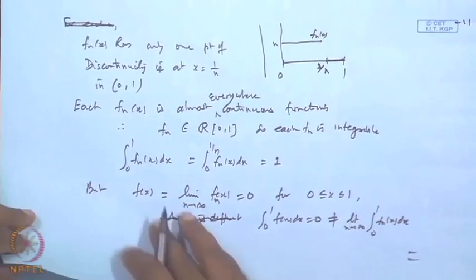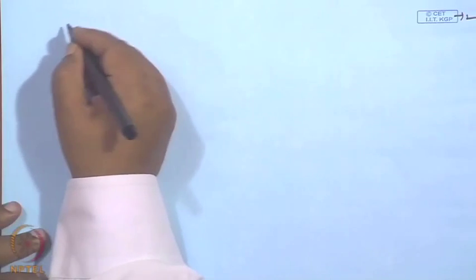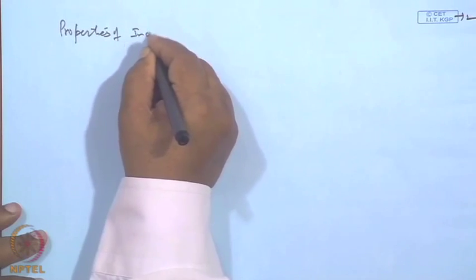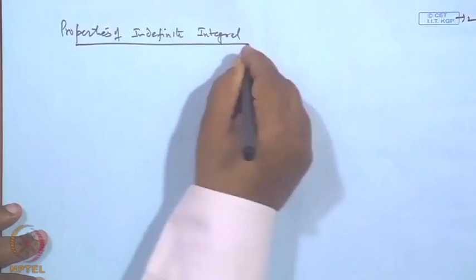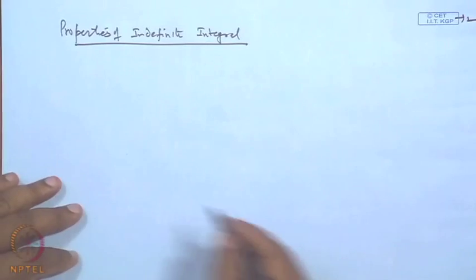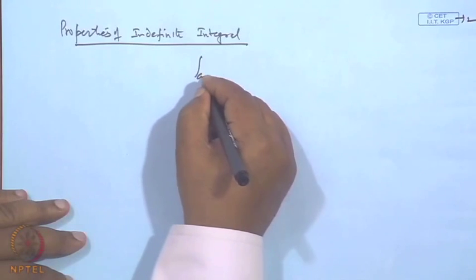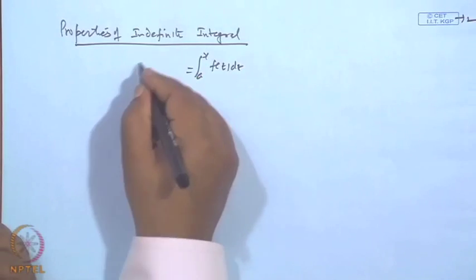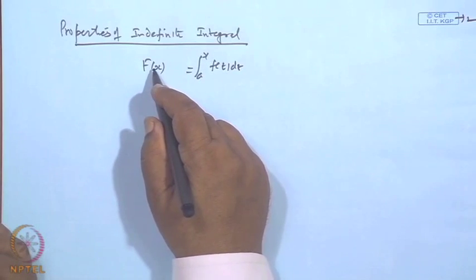Okay. Now, we go for some properties of indefinite integrals also. So, let us look at a few properties of the indefinite integral. When f(x) is bounded, then this integral from a to x of f(t) dt, let us denote by capital F(x), because as x changes the value of the function F(x) changes.